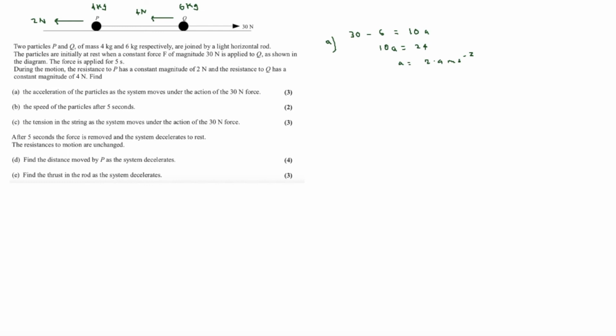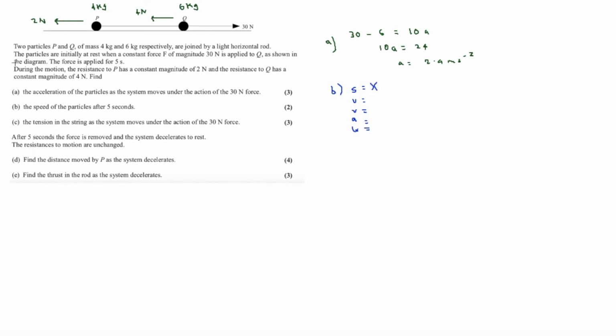Now on to question B. B is asking for the speed of a particle after 5 seconds. Now as you've got this time dimension here, we're probably looking at a Suvat question. So S, U, V, A and T. In terms of S, that is the one thing that we do not have in this question.